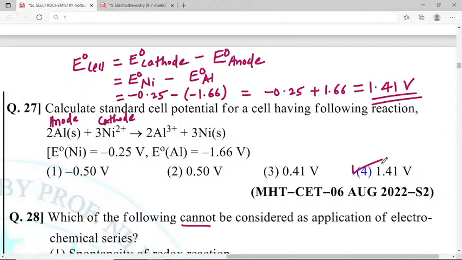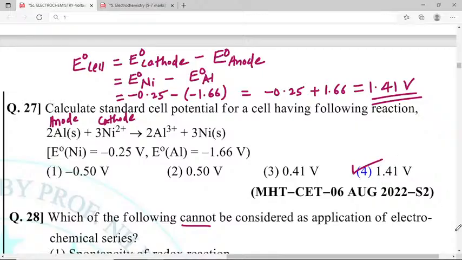The nickel value is given inside the bracket: E naught nickel is equal to minus 0.25 volt, E naught aluminium minus 1.66 volt. Cathode minus anode, always remember. Nickel is the cathode, aluminium is the anode.